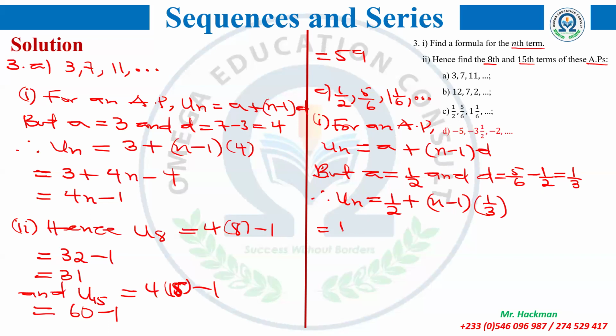So 1/2 will be intact, then n minus 1, you multiply. This times this will give us plus 1/3 n, or n/3, it is the same thing. Do you agree? Then minus 1/3, all correct.